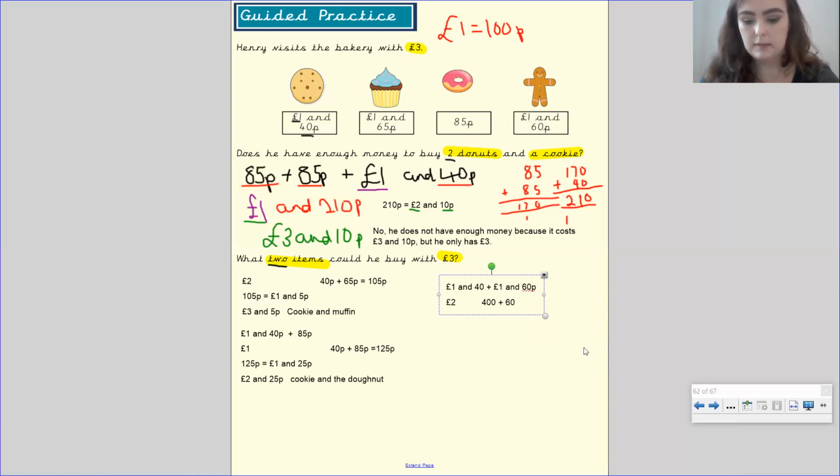So 40 pence add 60 pence, which is what? Pause the video to work it out. Well done if you said 100 pence. Now we know that 100 pence is the same as £1. So then £2 add £1 gives us £3. So can he afford the cookie and the gingerbread man?